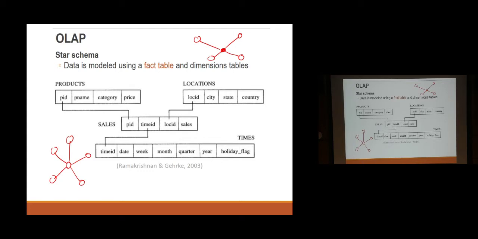What it translates to is that you have this as one dimension, this one as another dimension, and this one as the third dimension. So it becomes a three-dimensional data structure where each ID becomes the index for the dimension.